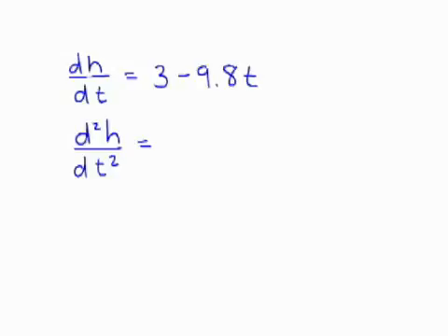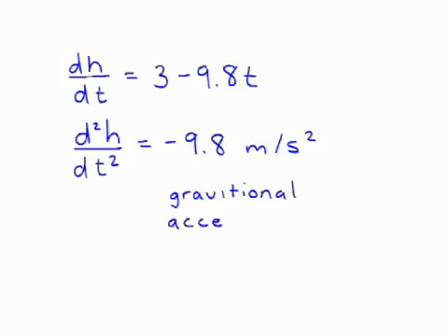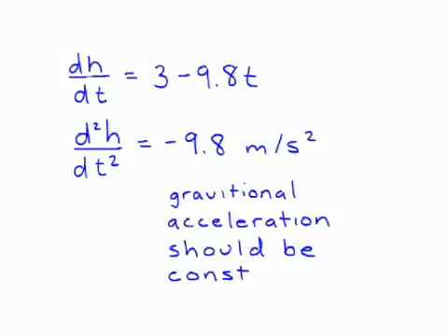So we've taken the second derivative and obtained negative 9.8 meters per second squared. What we see is that our acceleration is constant, regardless of what time we use. This should make sense, since gravity is acting upon the ball, and therefore the gravitational acceleration should be constant.